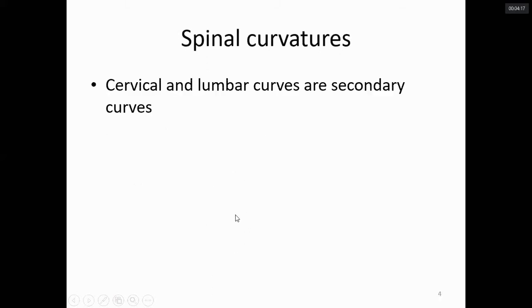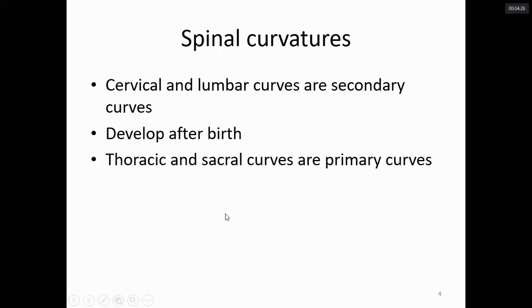Coming to the curvature of the spine, basically the cervical spine and lumbar spine are lordotic, whereas the thoracic spine and sacral spine are kyphotic.